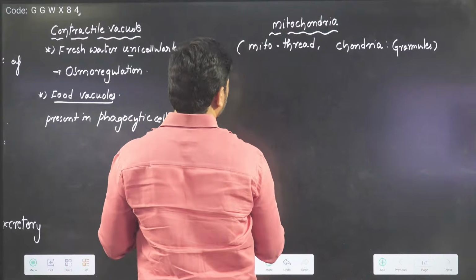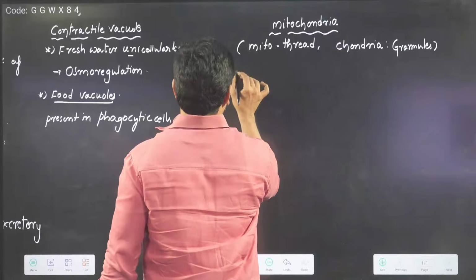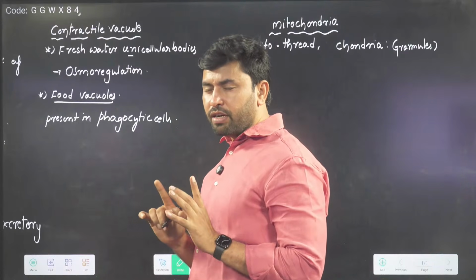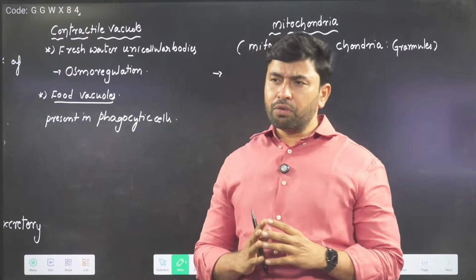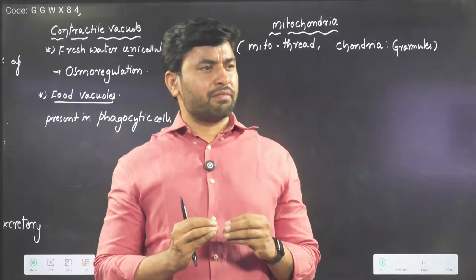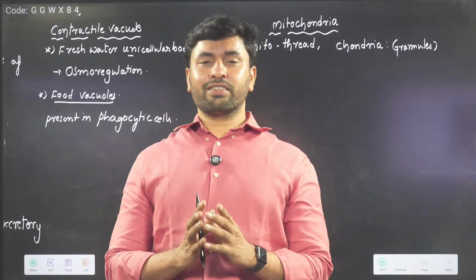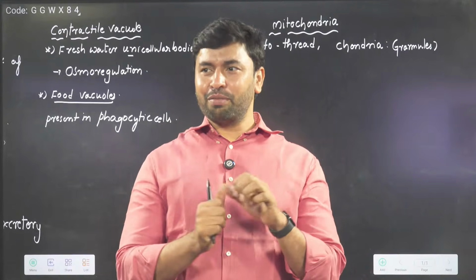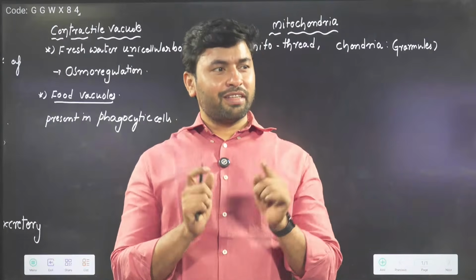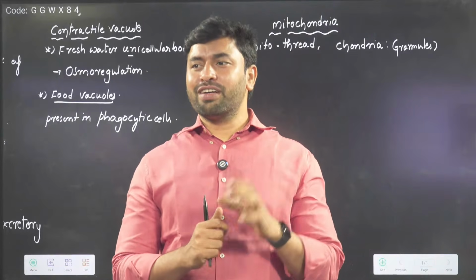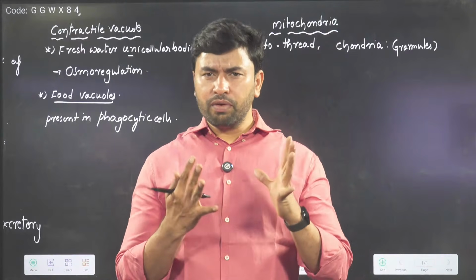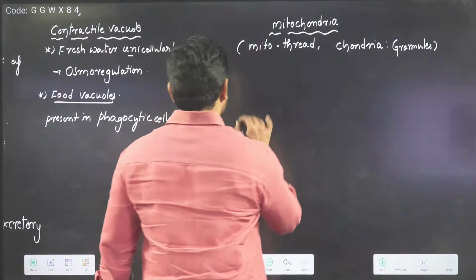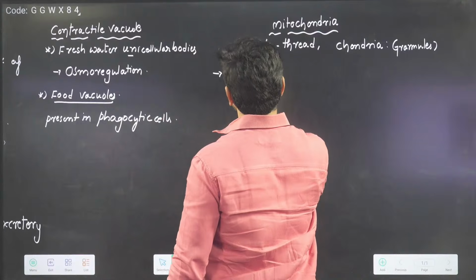If you want to see mitochondria, directly they cannot be seen under the microscope. Why? Because mitochondria are minute. Out of all cell organelles, the smallest is the 70S ribosome. Next to that, the smallest one is mitochondria. So it cannot be directly seen. That's why special staining is required.